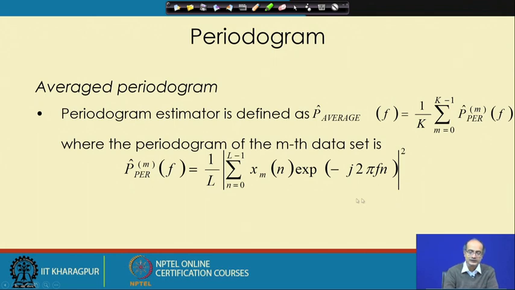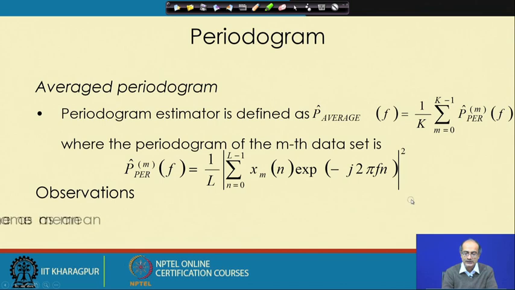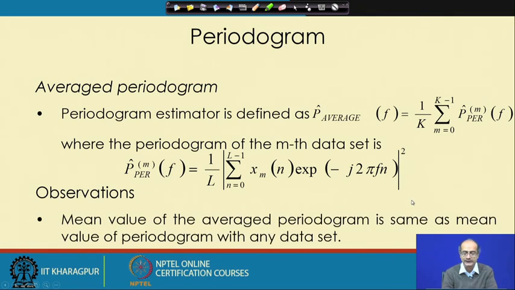Like the previous estimate, we are taking just the average of them. Now, let us have some observations out of that. If we take the mean of the average periodogram, it would be the same as the mean of the periodogram of each data set.